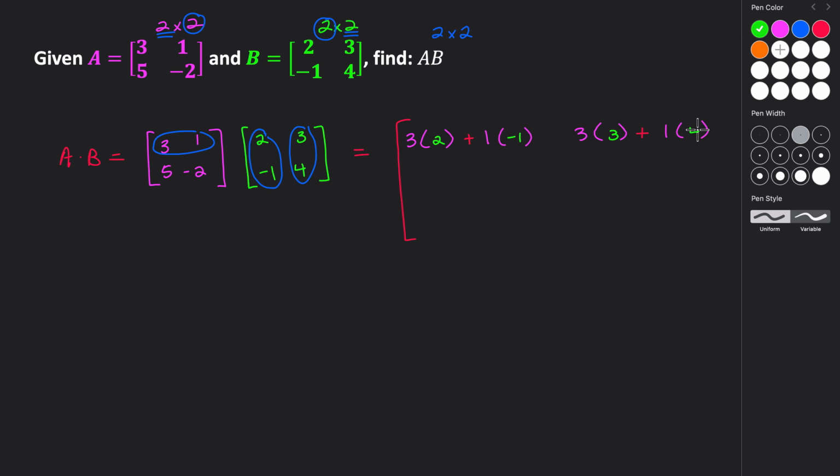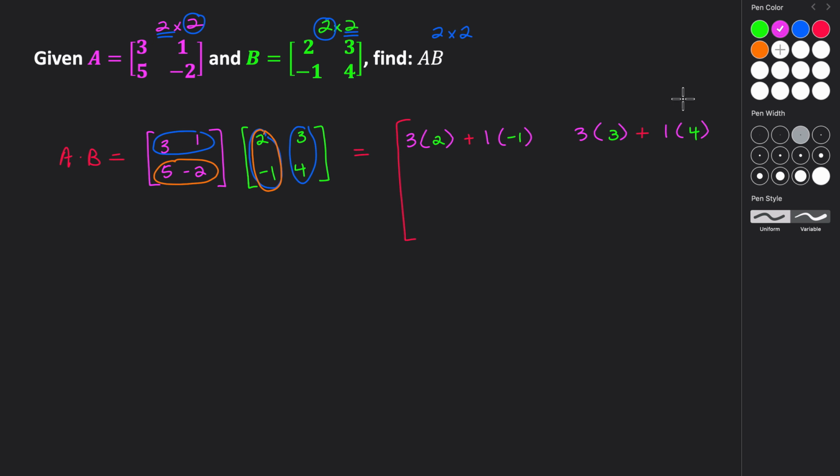That gives me my second element. Now that we've multiplied both of our columns with the first row, we take our second row and do the exact same thing. Multiply the second row by the first column, and that's going to give me this entry here.